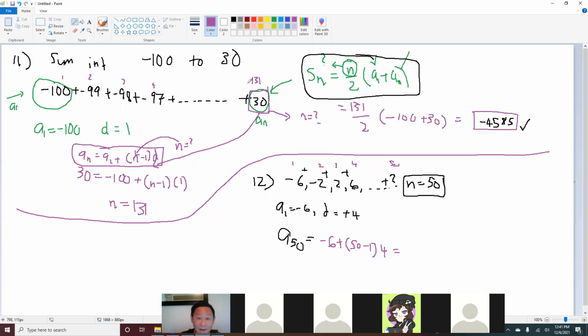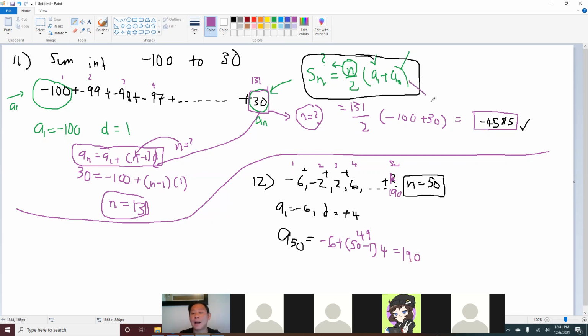If a question provides us the last term, then you have to find the n for that case, like what we just did over here. This will become what? 49, right? 50 minus 1 is 49. So -6 plus 49 times 4, this is 190. So that means this sequence stops at 190.